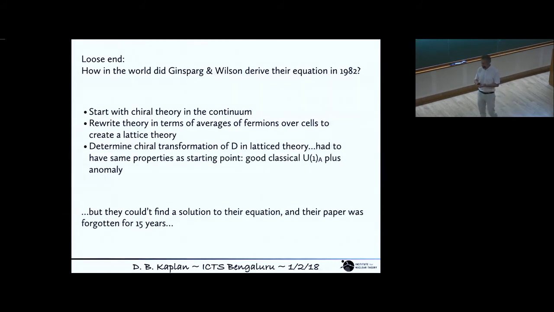So it's a weird theory. It's got a continuum gauge field, but lattice fermions sitting on top of this gauge field. And the thing is, this is just a rewriting of the original theory, so chiral symmetry must still be there, and the anomaly must still be there. And so they then asked, what is the chiral transformation in this theory? And they ended up with the Ginsparg-Wilson equation. However, they couldn't find a solution to their equation, and so this paper was lost for about 15 years.